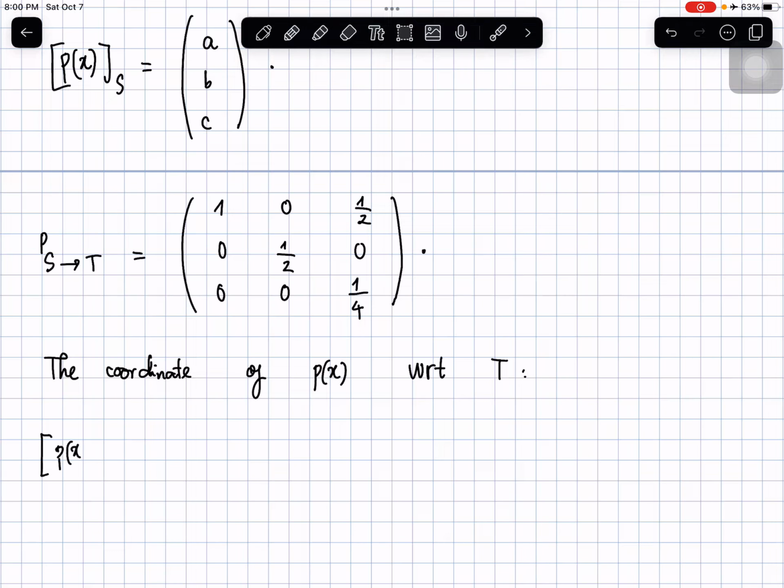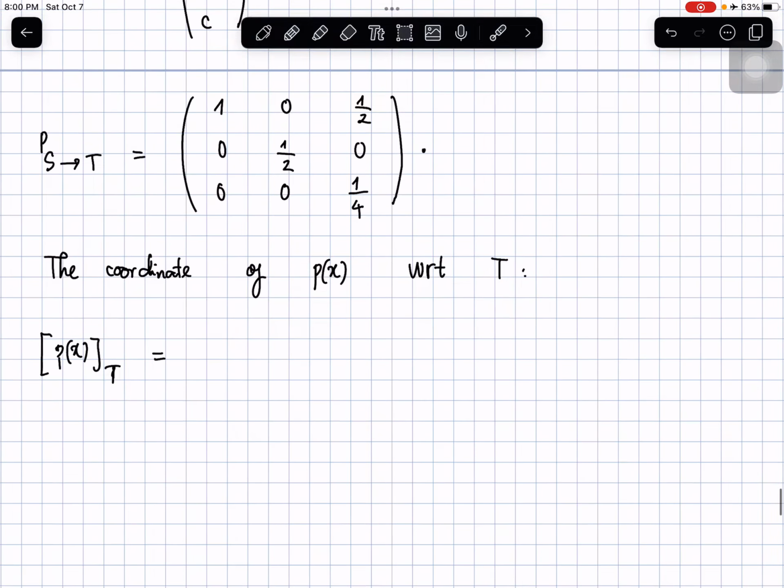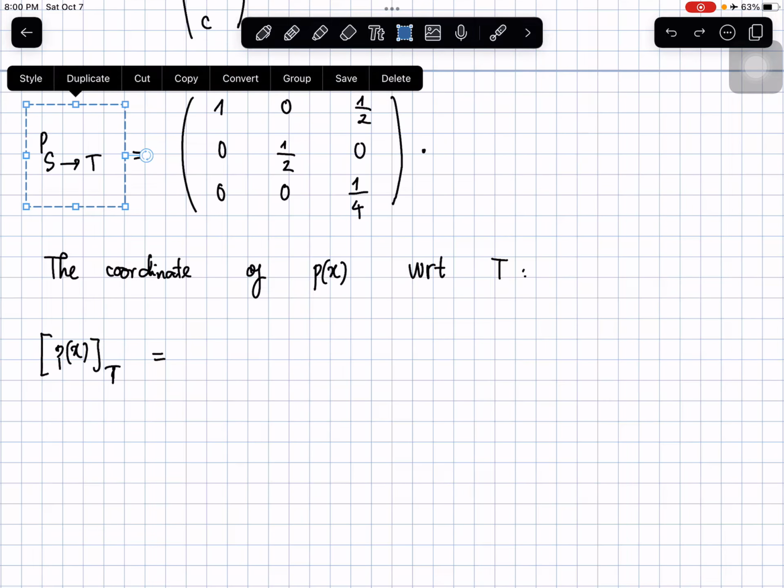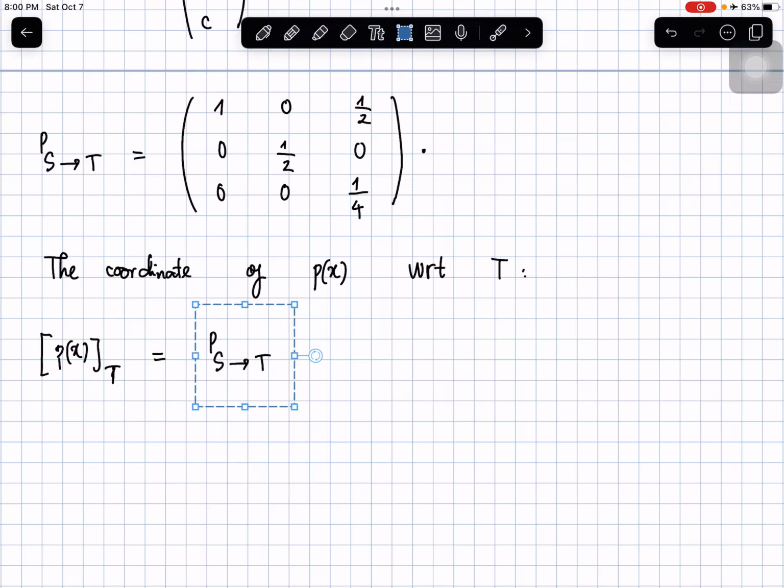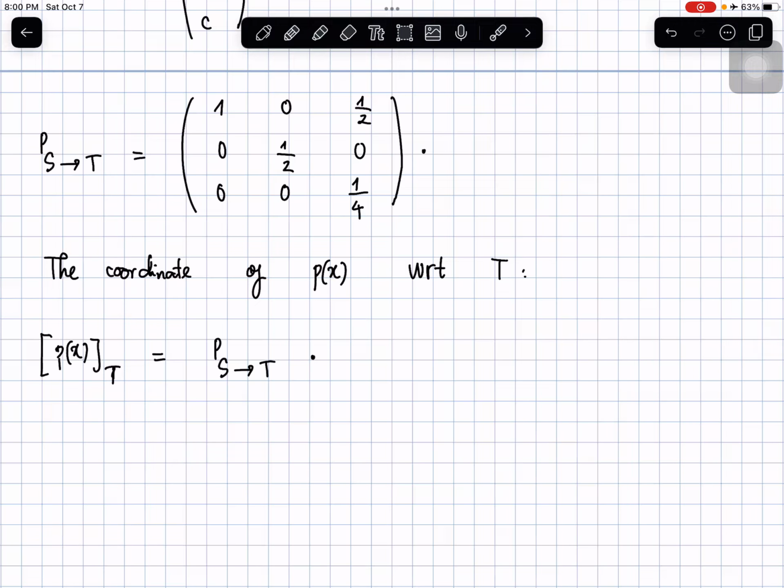The coordinates of p(x) with respect to T is the transition matrix from S to T times the coordinates of p(x) with respect to S. So we know its coordinates in terms of S. We know how to go from S to T. So now we have the one in T.